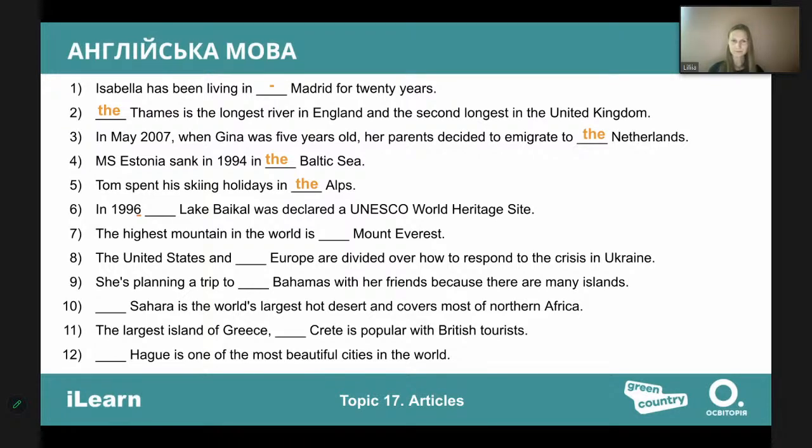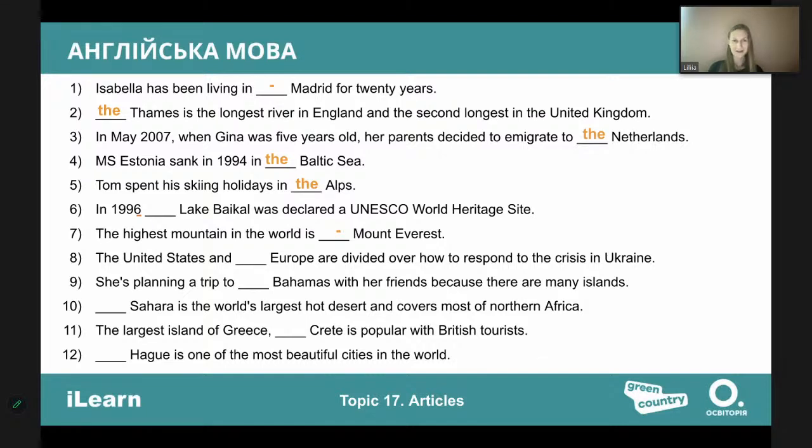Number 7. The highest mountain in the world is nothing. Again, one mountain, one lake, no articles, and one island. But a group of islands, a group of mountains, a group of lakes, article the.